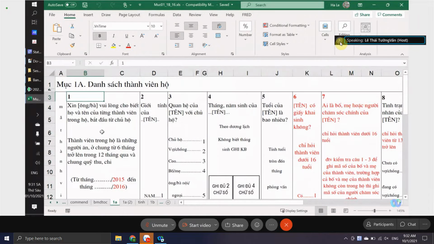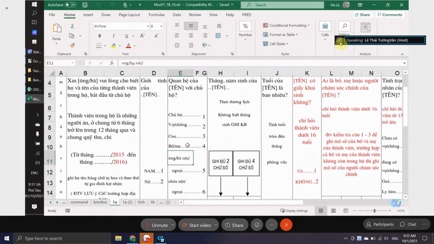The first question will be the name of each member, and then the gender, and then the relationship to the head of the household. It could be the head of the household himself, the wife, children, the grandparents, and so on.